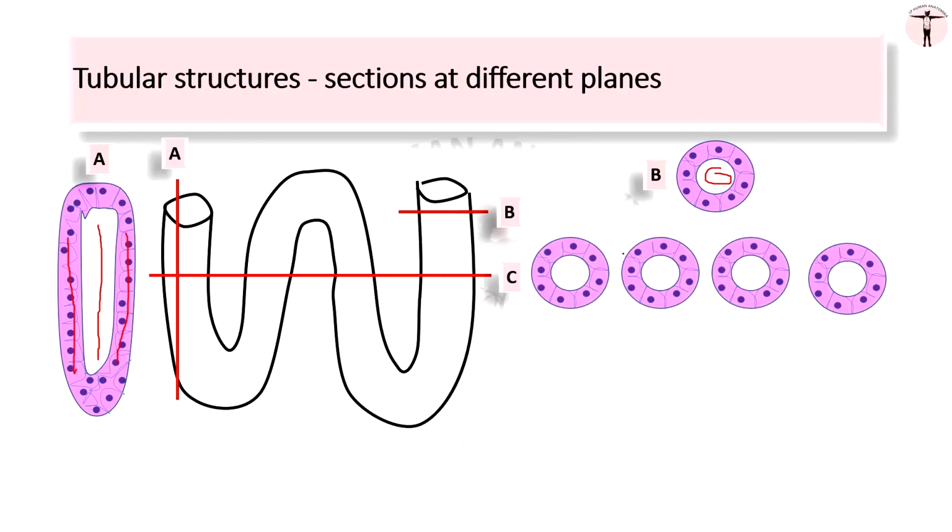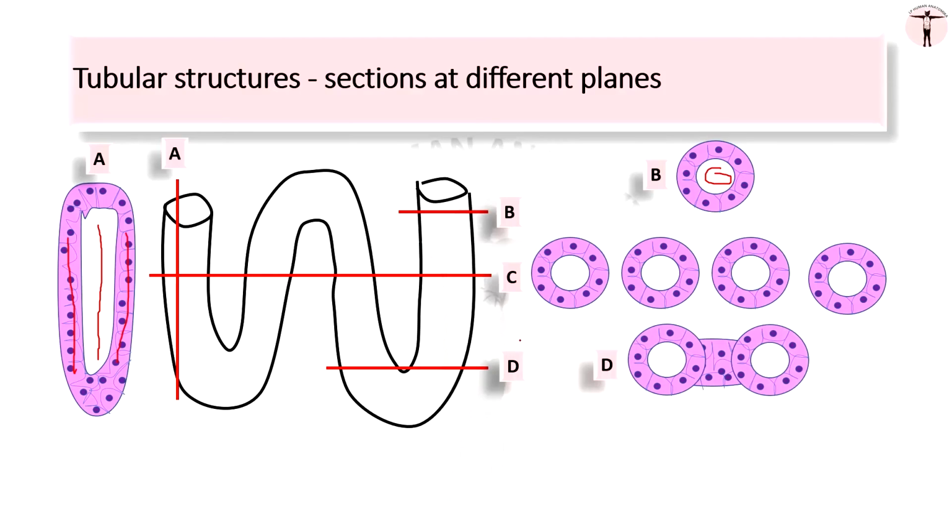When the section passes horizontally across different parts of the coiled tube, there are many cross sections to be observed. When the section passes through the U-turn of the tube, there will be two cross sections with lumen, with a connecting solid cord of cells, and the section passing tangentially gives rise to an aggregation of the solid cord of cells.